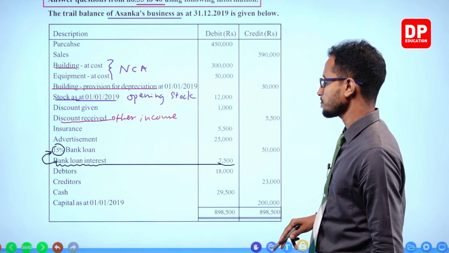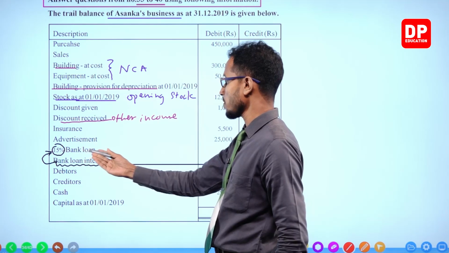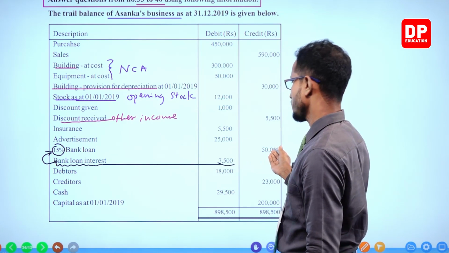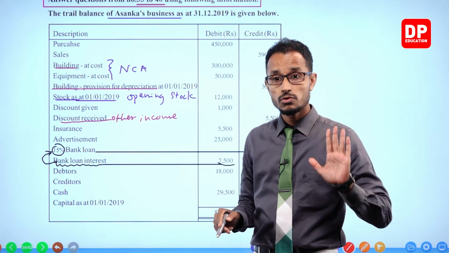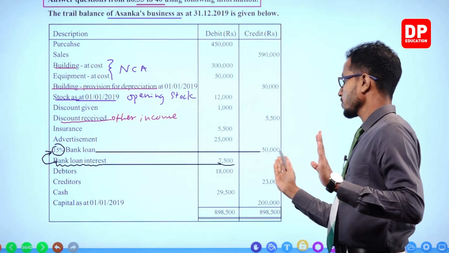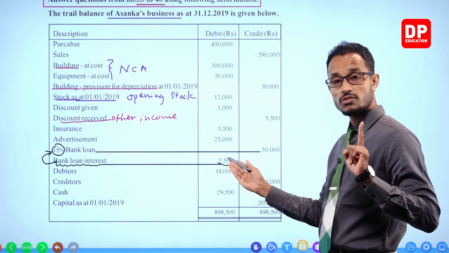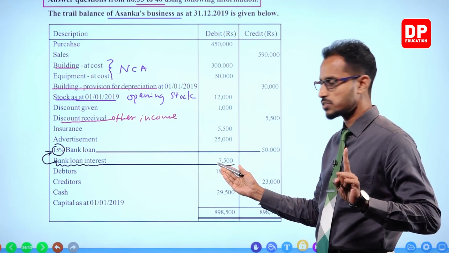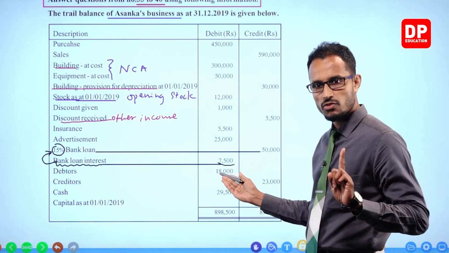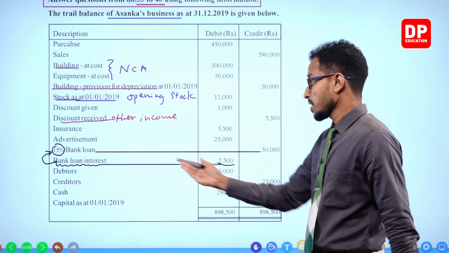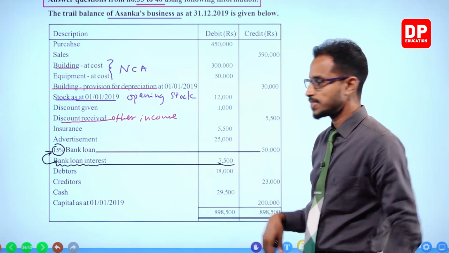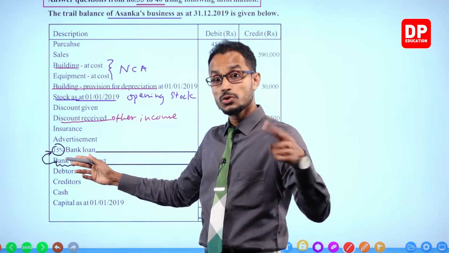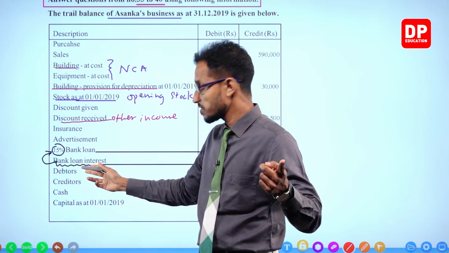When you calculate 15% from the bank loan of 50,000, you're going to get the correct value of bank loan interest. Then you have to compare it with the bank loan interest paid here. We will do it if we get a question.